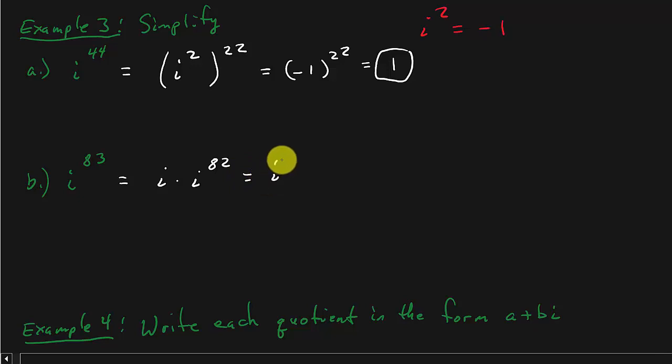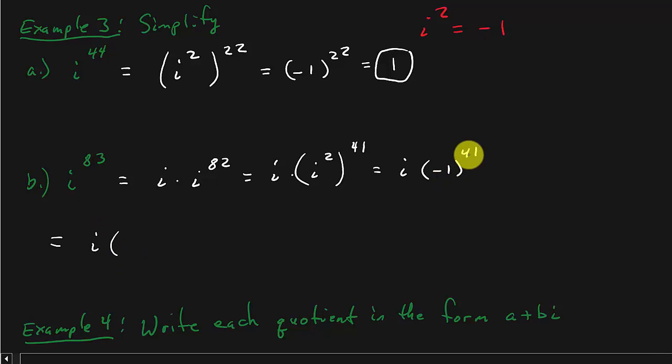So now I've got i times, and then this is i squared to the what? 41, right? Because 2 times 41 is 82. So this is going to be i times -1 to the 41st.